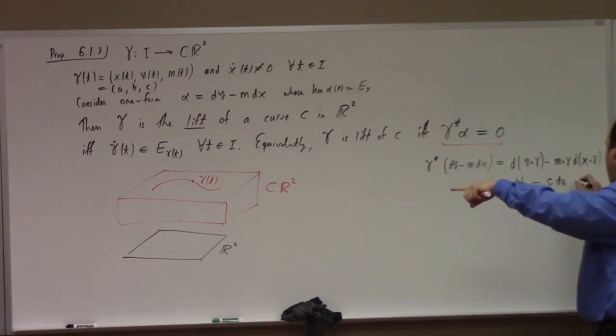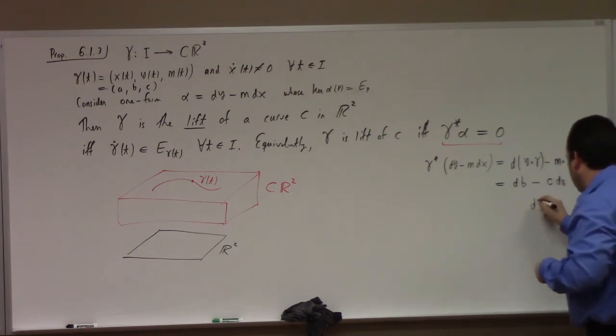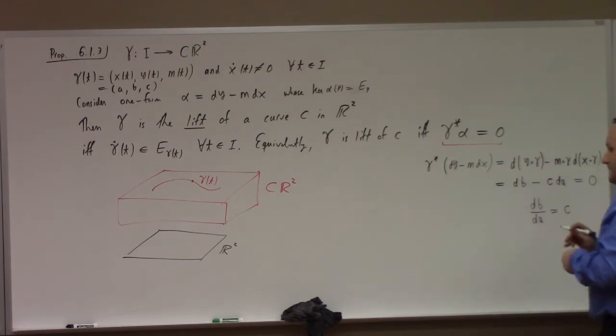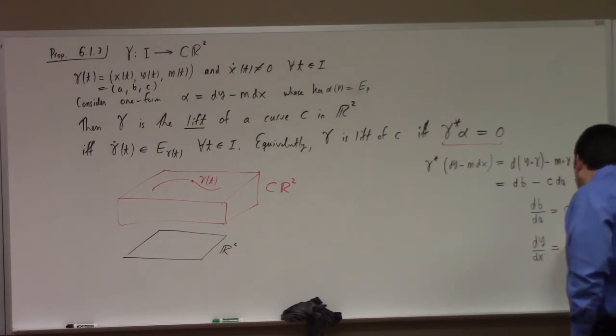Now this is supposed to be equal to 0, but if we just rewrite this, this means that db over da is equal to c. Which, of course, if you translate back into the native variables, that's dy dx being m.